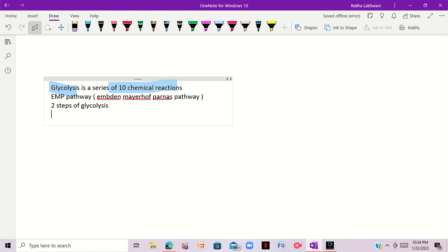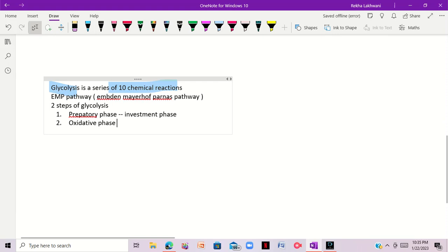The first is the preparatory phase, or you can say the investment phase. Second we have the oxidative phase, right?